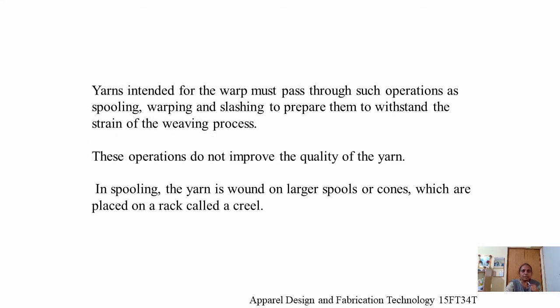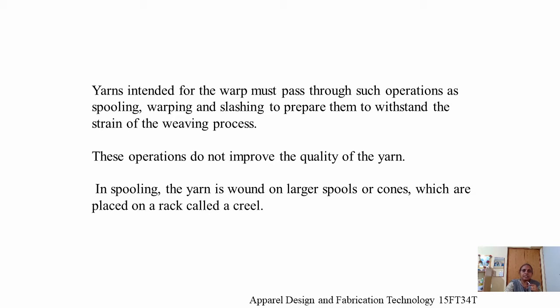Yarn intended for the warp must pass through operations such as spooling, warping, and slashing to withstand the strain of the weaving process. These operations do not improve the quality of the yarn, but it has to undergo these steps.